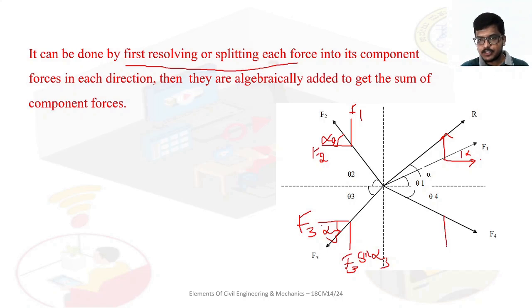We have to resolve it into one vertical and one horizontal component, and the angle here we take as theta 4. So it is F4 cos theta 4 and F4 sin theta 4. It's not cos alpha, it is cos theta 4 and sin theta 4.